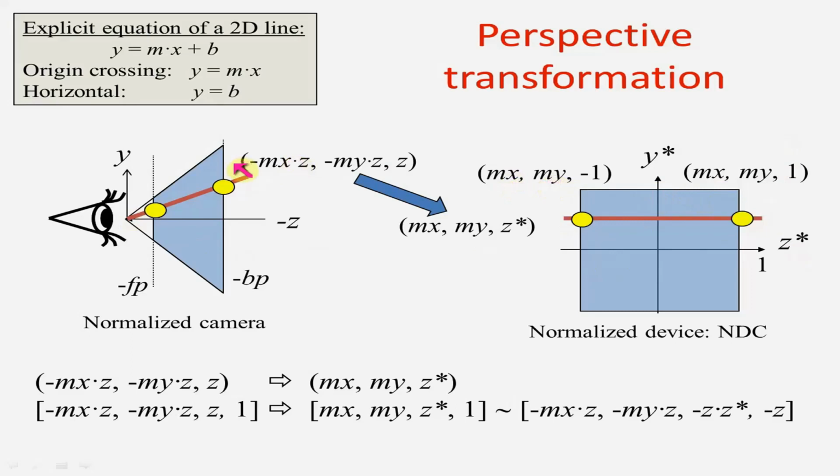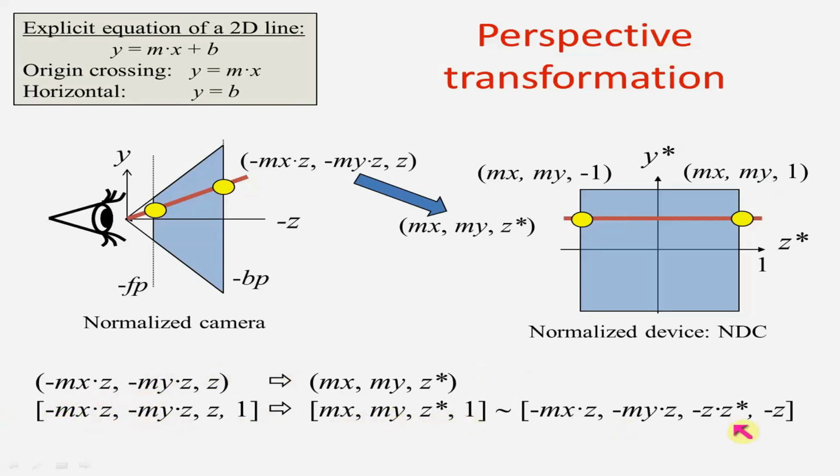The mapping from the original line to the transformed line cannot be linear in Cartesian coordinates, but is linear in homogeneous coordinates. So we are looking for a linear mapping from x, y, z, 1 to x star, y star, z star, 1, which is expressed in this form.